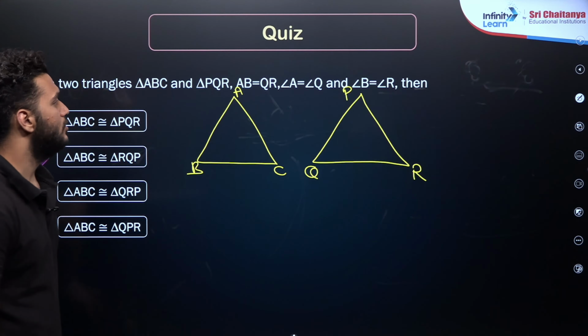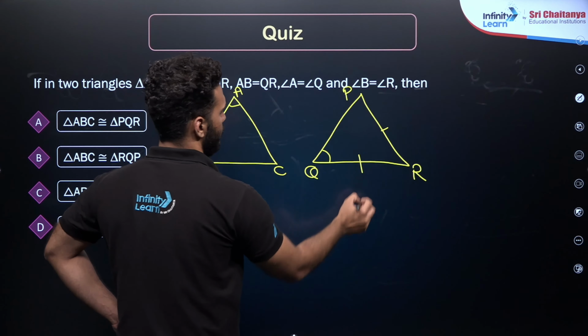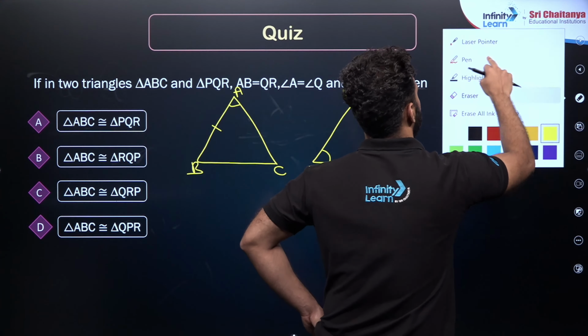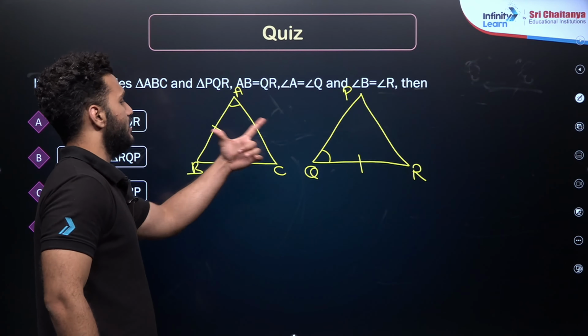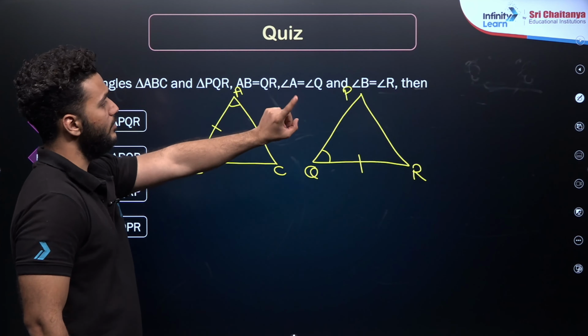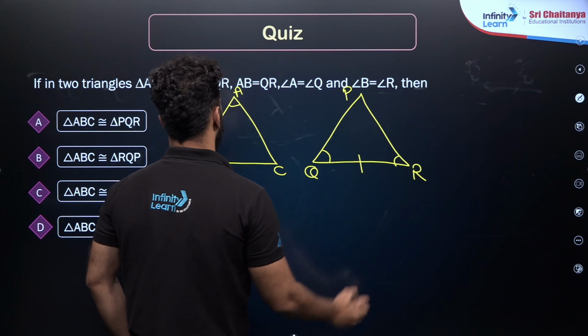So AB is equal to QR, this line. Angle A is equal to angle Q. This line is equal to this line. This angle is equal to this angle. Angle B is equal to angle R. This angle is equal to this angle.